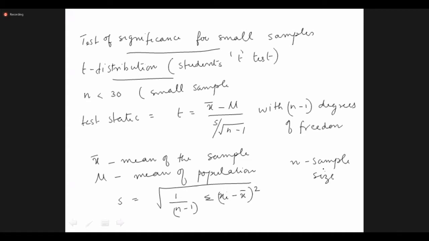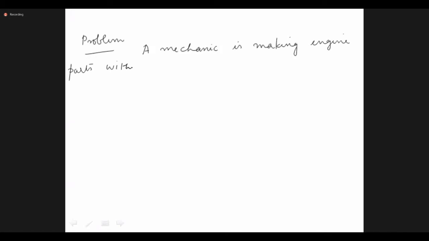Now we will go for the problem. Confidence interval and all I have already told, so I am taking the next slide. Problem: A mechanic is making engine parts with axle diameters of 0.700 inch.